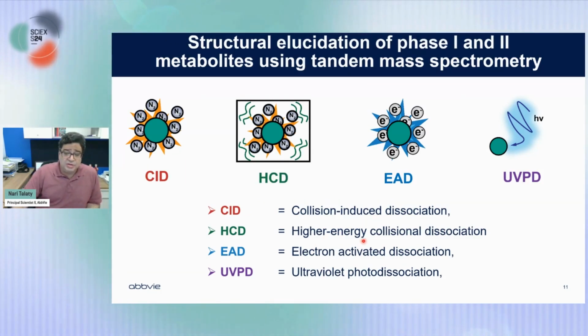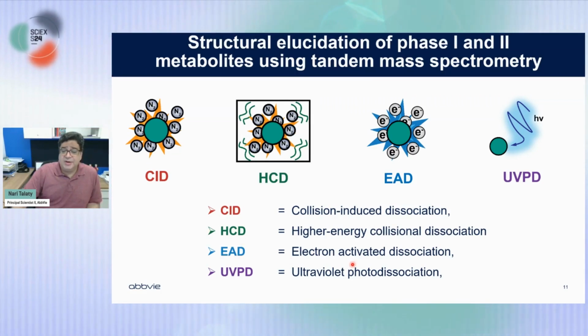You have a higher energy collisional dissociation, which is associated more with your Orbitrap. Ions are moved from the C-trap to the Orbitrap, and then you have a fragmentation that happens that is slightly higher energy, and you get a little bit more improved fragmentation. Your CID is classically your triple quad and your ion traps. HCD is in the Orbitraps.